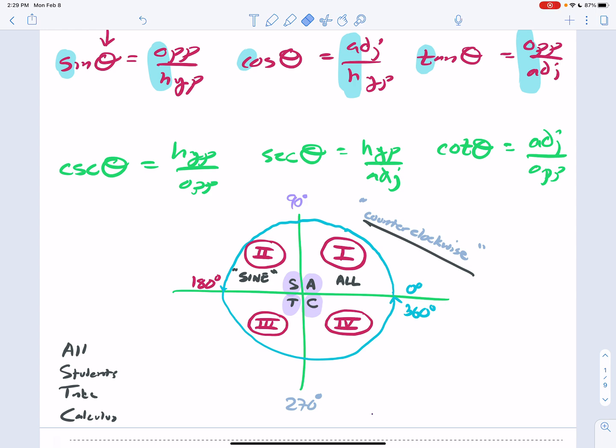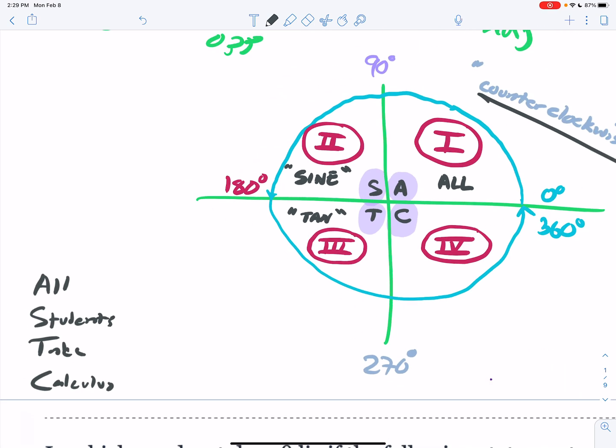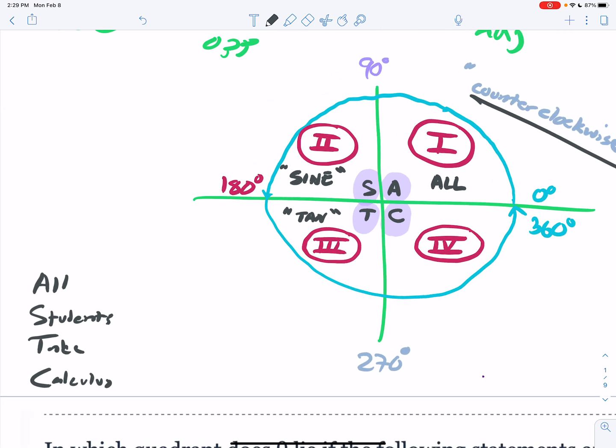Okay, so in quadrant 3, we'll speed this one up here. The only thing that comes out positive in quadrant 3 is tangent. So any trig function in quadrant 3, if it's tangent, for instance, and you definitely verify this, okay?